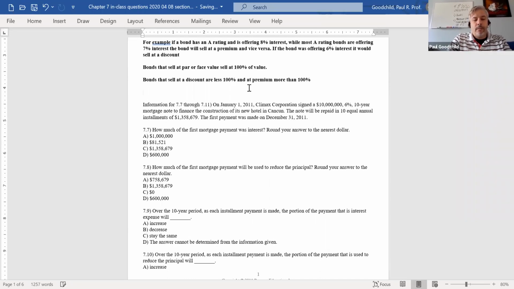Okay. Now, in order to track it, typically we create a bond table or amortization table. So accountants create a table.